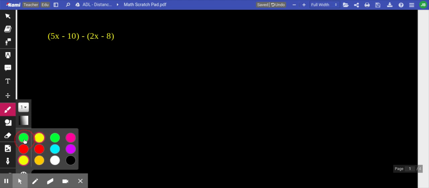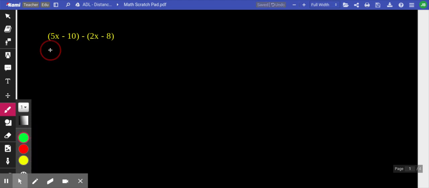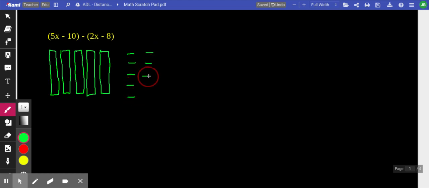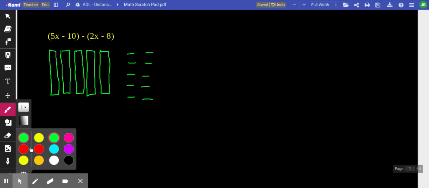So again, I'm going to represent my x's with my rectangles. 1, 2, 3, 4, and 5. And my 10s, I'll do my negatives. So 1, 2, 3, 4, 5, 6, 7, 8, 9, 10.